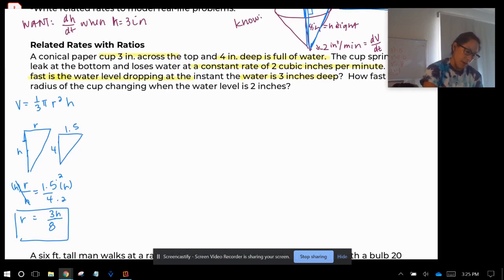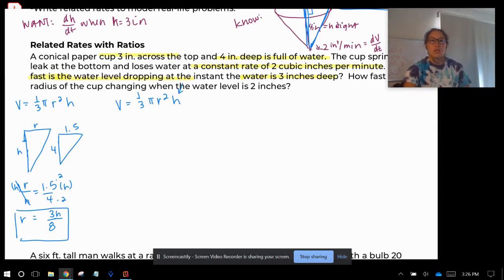Actually, let's set this up. I have the volume is equal to 1/3 pi r squared times h. And what I'm going to want to know is what dh/dt is. So if I get rid of r and write my equation in terms of h, that'll be one less derivative that I have to take.